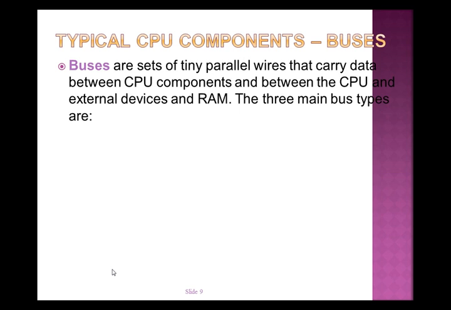These tiny parallel wires carry data between CPU components and between the CPU and the external devices and RAM. So that is used for connecting the various CPU components, the CPU along with the RAM, that is your memory, and external devices like a USB drive, or the cable that is used to connect with the phone. That is your buses.